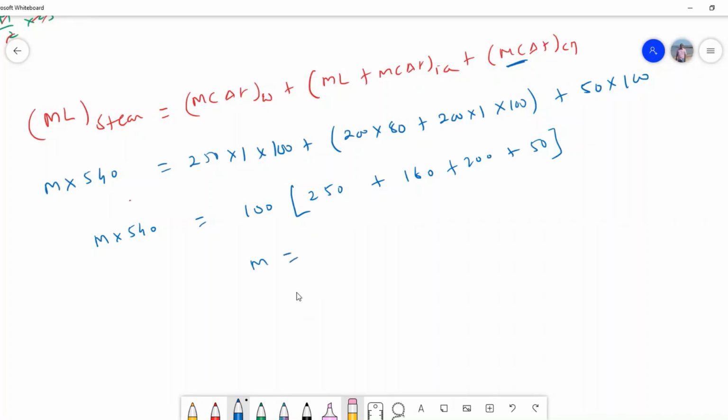So M is equal to 100 into 660 upon 540. 10, 10 cancel. 6 9s are 54, 6 11s. So 1100 by 9.